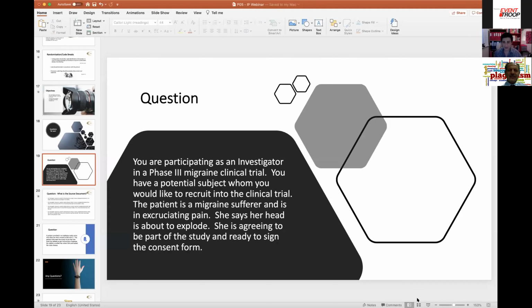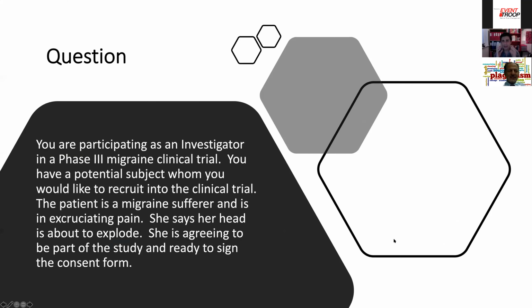I want you to think back, think GCP, think what's ethical. You're an investigator, a patient comes to you doing a migraine trial, in a lot of pain, saying yes, I want to be in the trial. Would you put them in the trial? Would you get them to sign the consent form and say yes, you can go in the clinical trial?